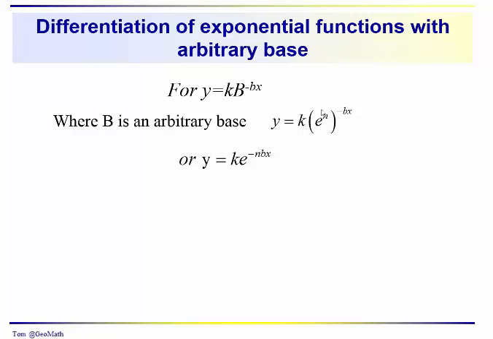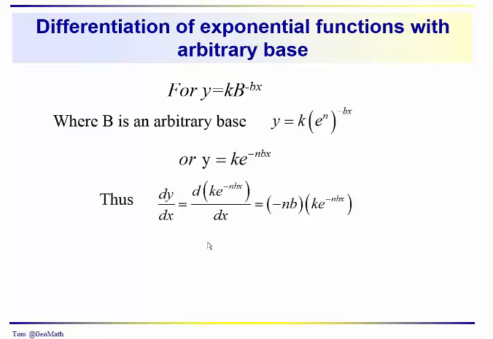So all we've done is we've just rewritten b as e to the n, substituted that back in. When we take the derivative, we use the rule that we developed earlier. This is just going to be the original function. We just rewrite this function, and then we multiply it by the derivative of the exponent, which is minus n times b.